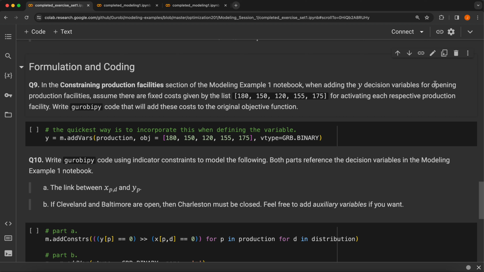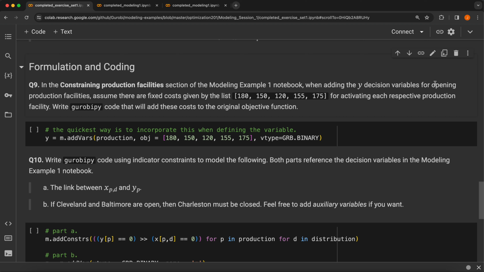The easiest way to do this, which is helpful when you have several different decision variables that contribute to an objective, is to define the objective values when you define the variable itself, by using the obj parameter and setting it equal to this list. So that's all it takes.